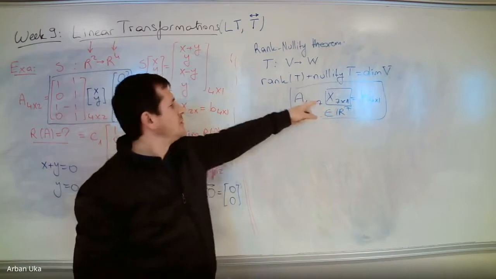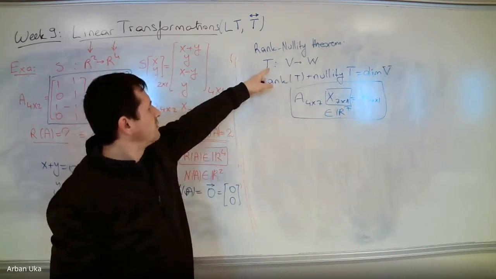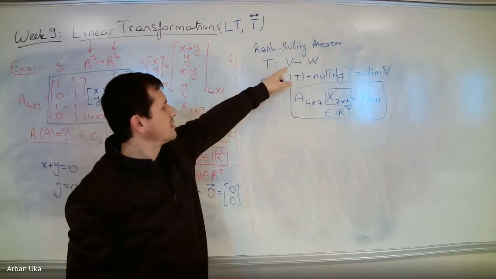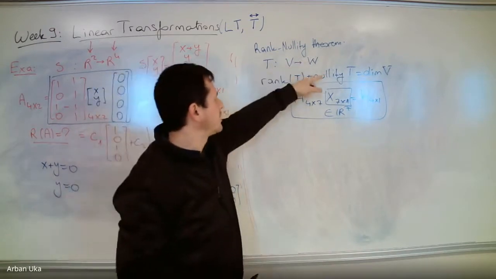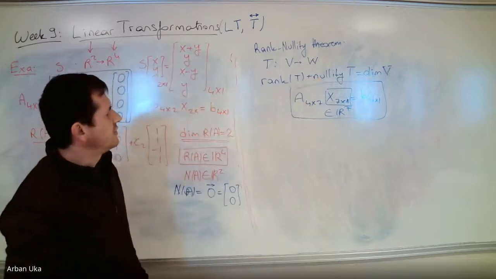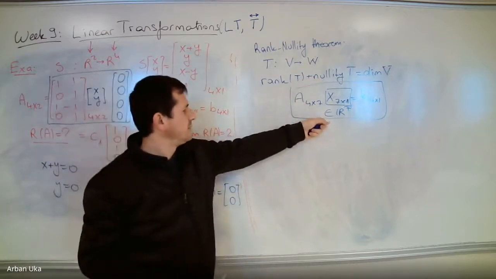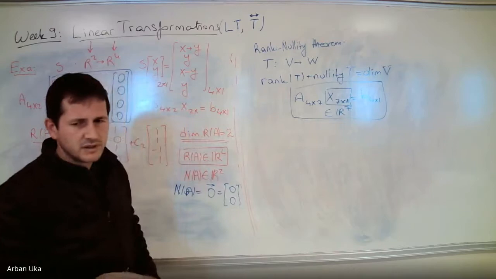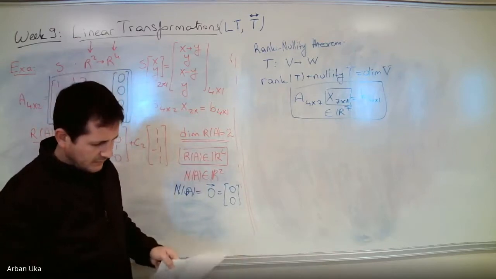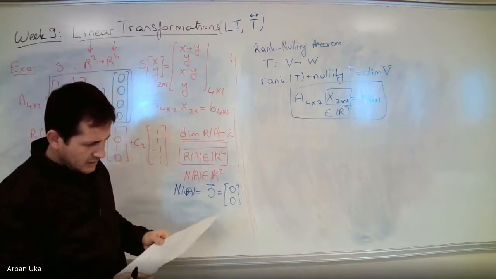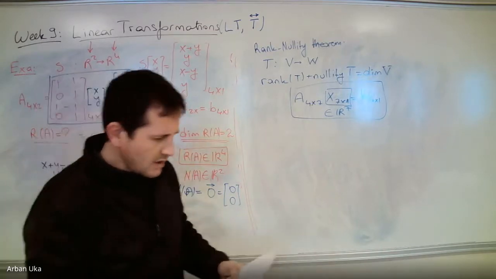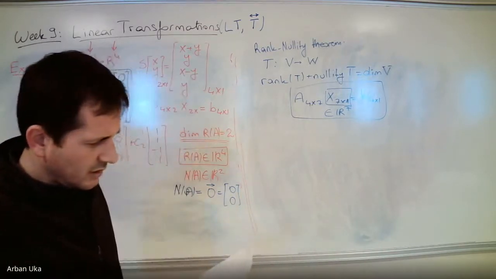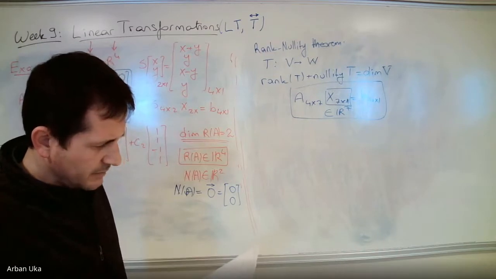Because V is where we apply the initial transformation, and we are projected onto W. So the dimension of V would be 7 here, okay? Is it clear? Okay. So this is the rank nullity theorem for the linear transformations.